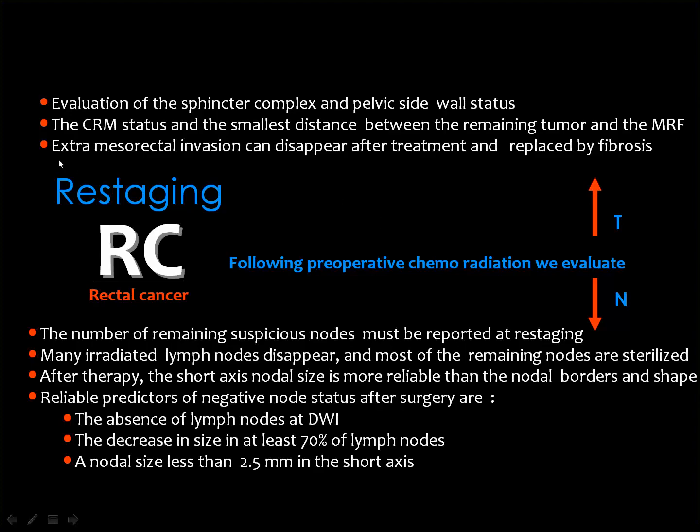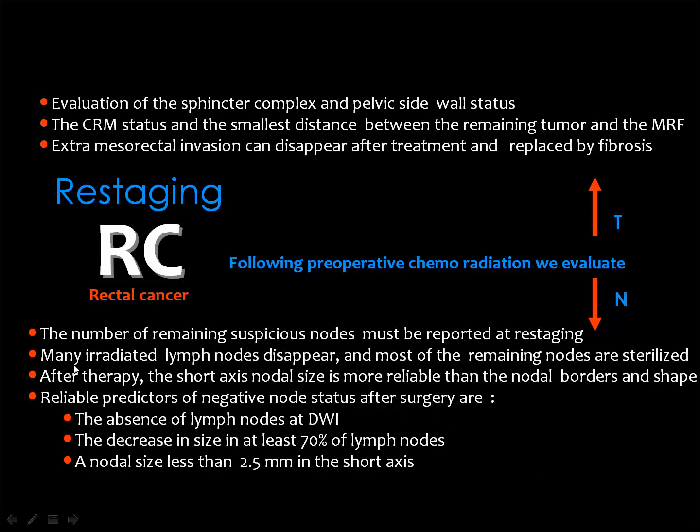Then you look for extra mesorectal invasion, which can disappear after treatment and be replaced by fibrosis. Then, concerning the nodes, you assess the remaining suspicious lymph nodes and the exact location.